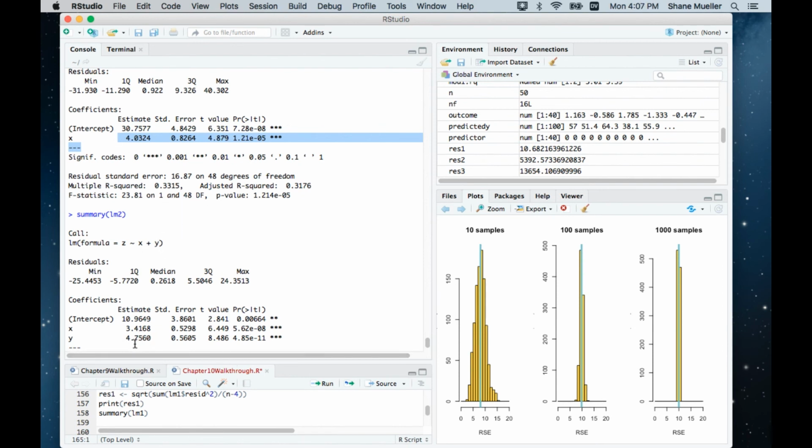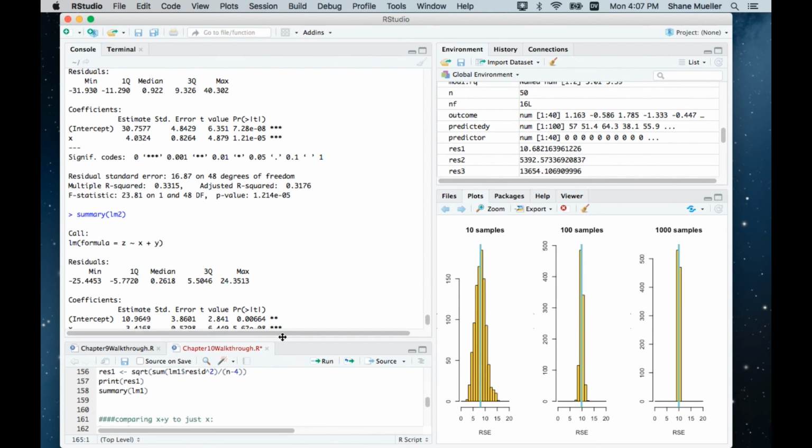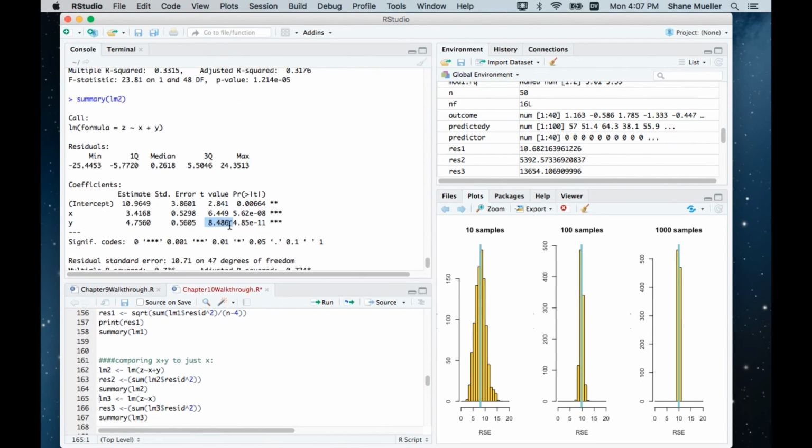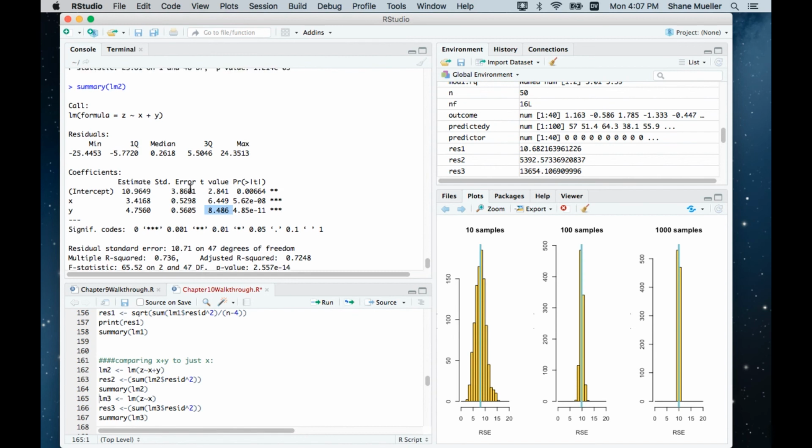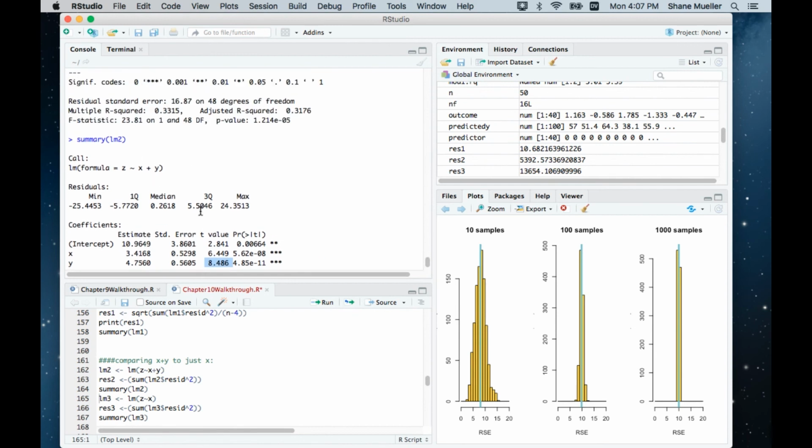But this y value has an estimate, and it's got a standard error associated with it, and it's got a t-value associated with it. So this t-value comes from proportions of error that are in the smaller model and that aren't in the larger model.